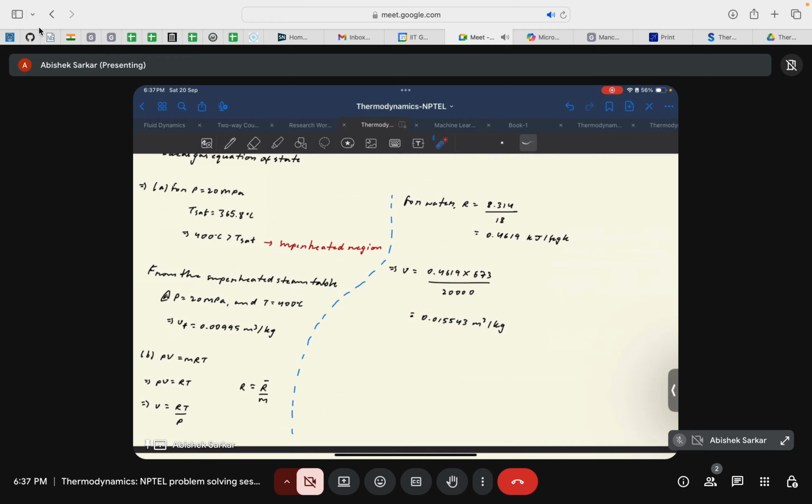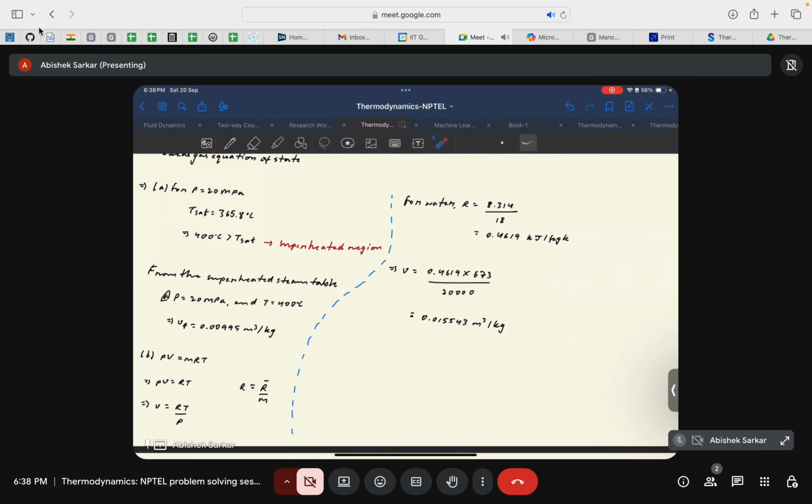Again, it might be quite wrong from my end to say it is not that far, but I'm just saying, since the state of the steam is in the superheated region, the values are still comparable. But if it had been in the liquid vapor dome, then there might have been much more discrepancies in the values. I'm just checking it, give me 1 second.